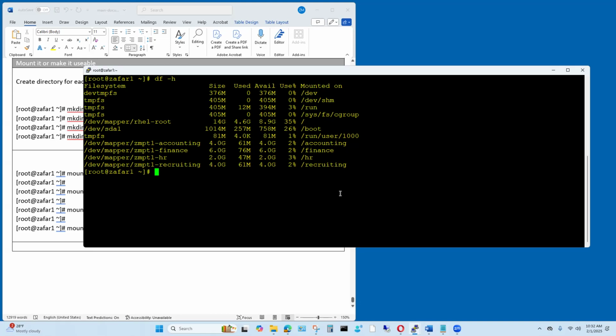Okay, clear everything up and type blkid. This is where we keep on accounting. Now the other one is going to come up, accounting. See?